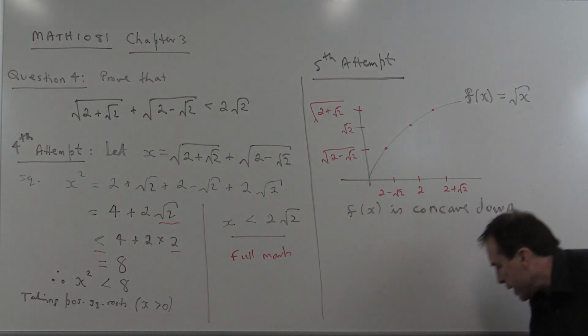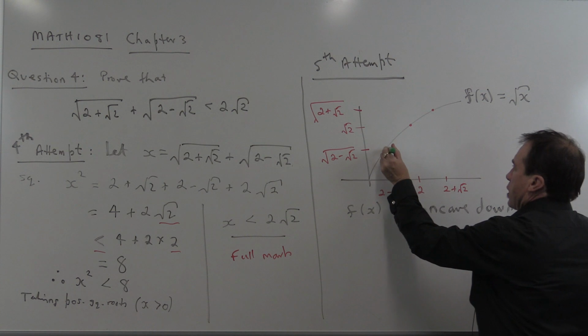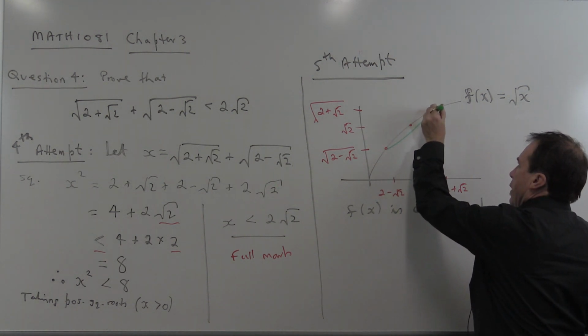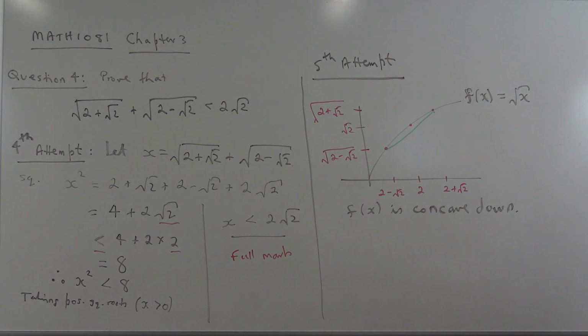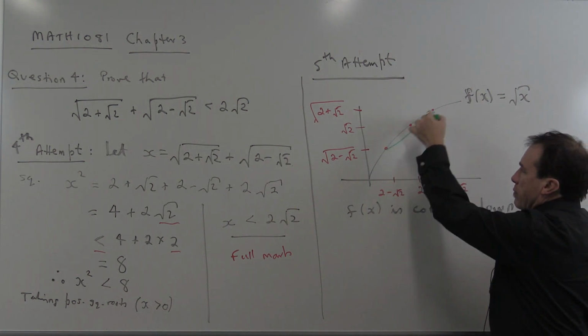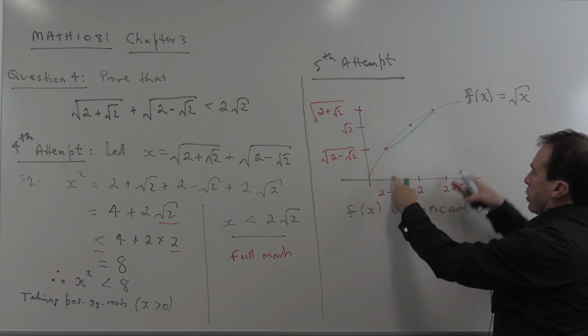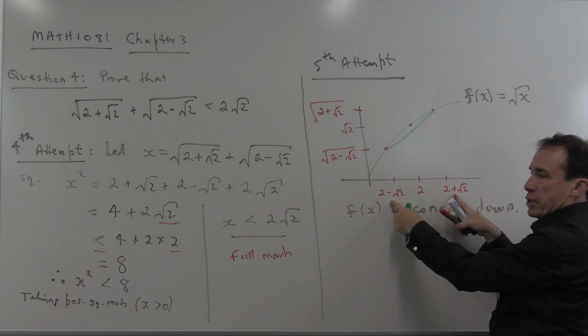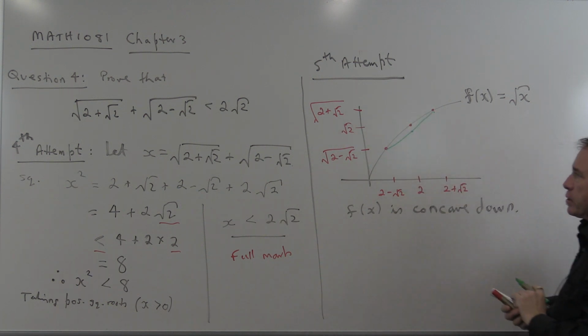And I'm going to join together these two using this idea of concavity. If I join these 2 points together, I can see from the picture that the midpoint of these two will have its x coordinate be the average of these two, and the average of those two is 2, so that will lie directly in a straight line there.